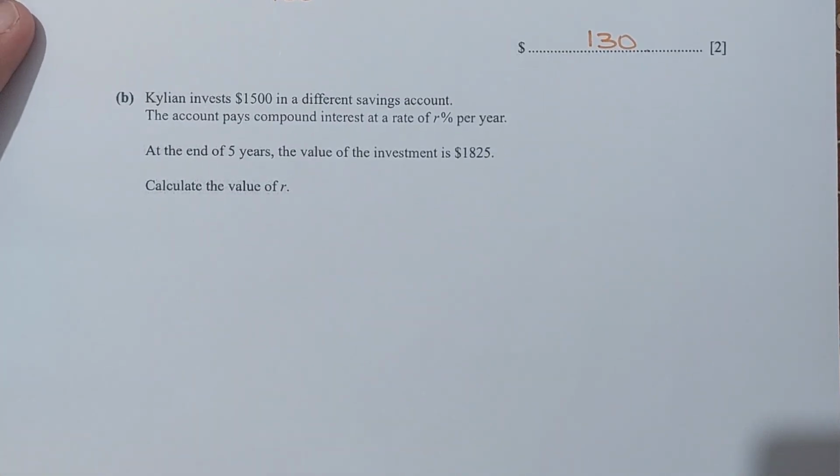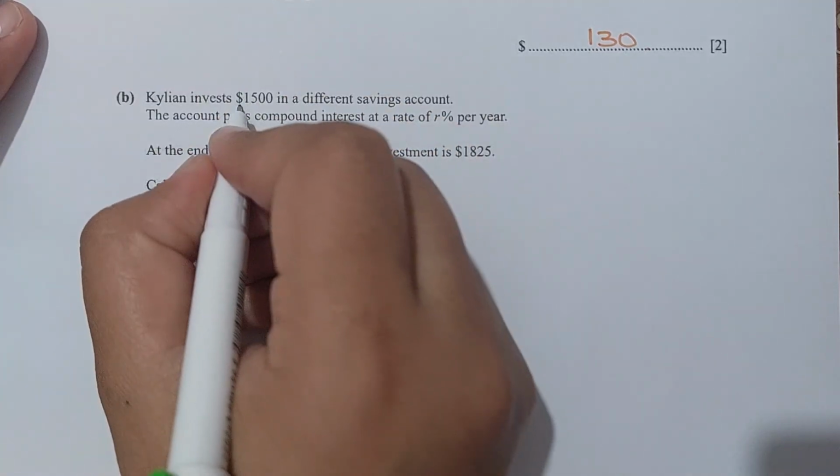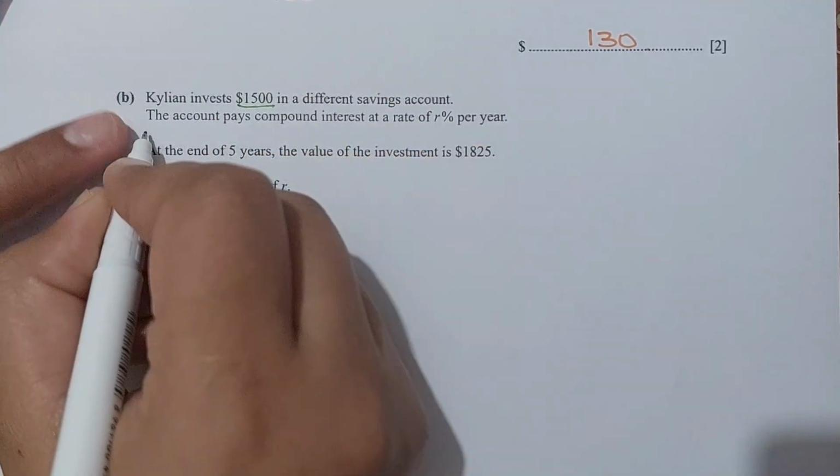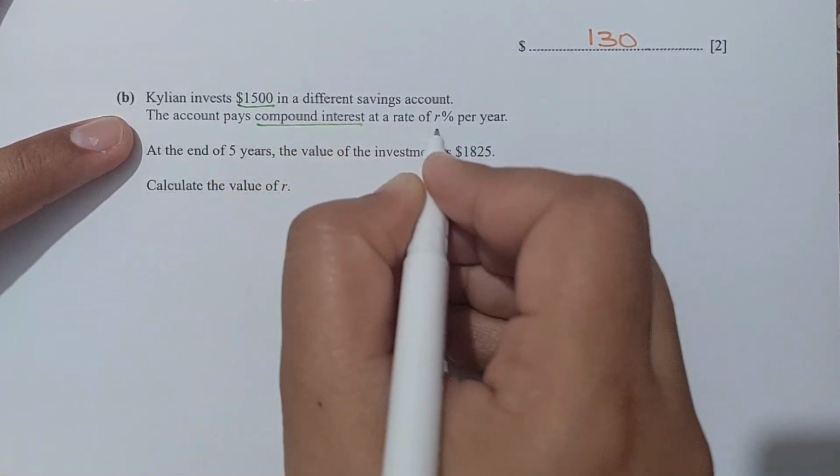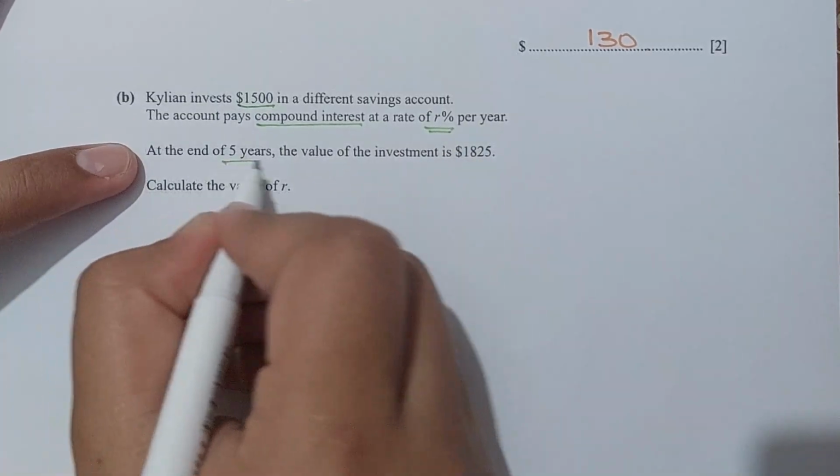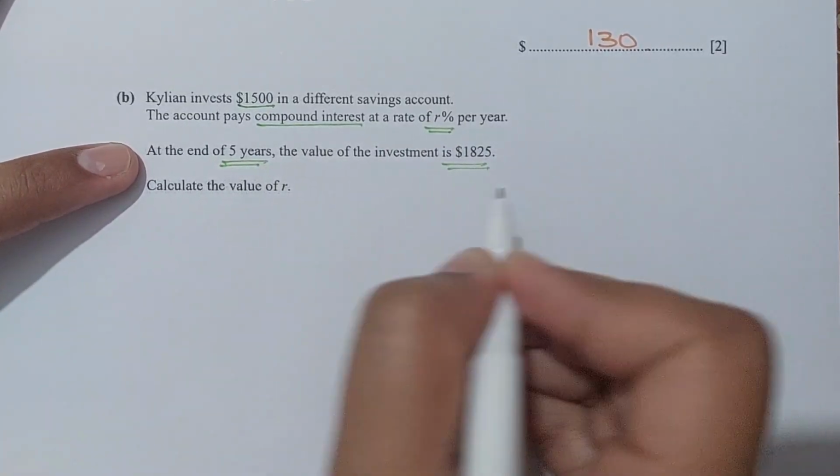Now for part B, Kalen invests 1,500 in a different savings account. The account pays compound interest at a rate of R% per year. At the end of 5 years, the value of the investment is this much.